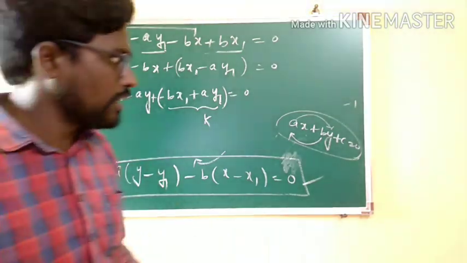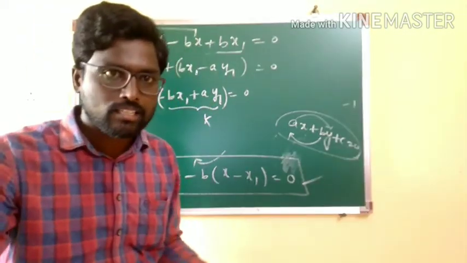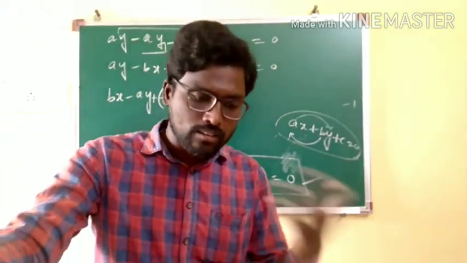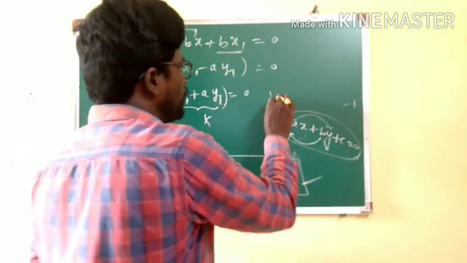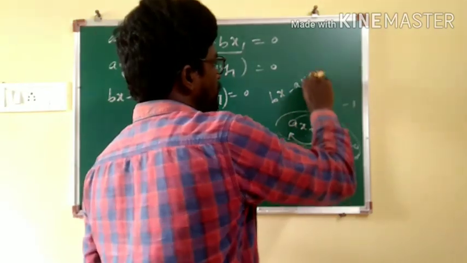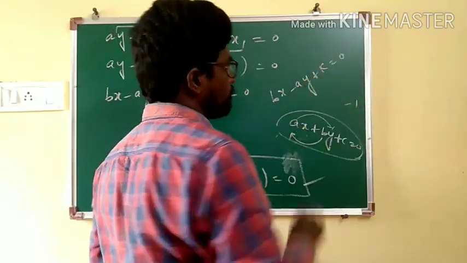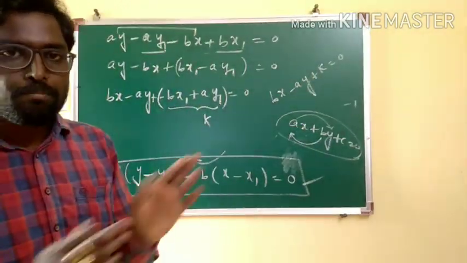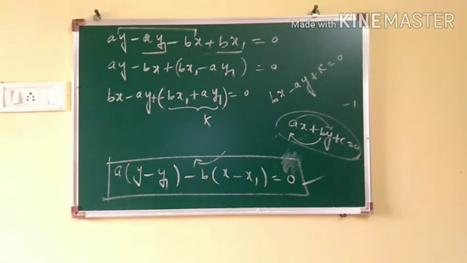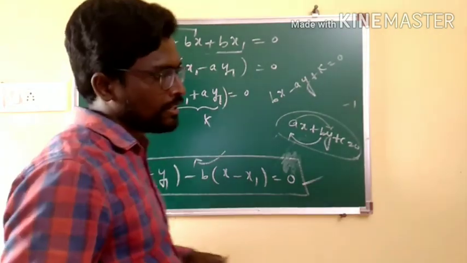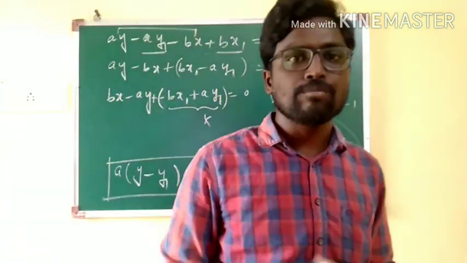If the line equation is ax plus by plus c equal to 0, then the equation of the line perpendicular to this will be in the form of bx minus ay plus k is equal to 0. When the lines are parallel, they differ by only constants. That is the reason I said that if one line equation is ax plus by plus c1 equal to 0, then the other line which is parallel to that will be in the form of ax plus by plus c2 equal to 0.